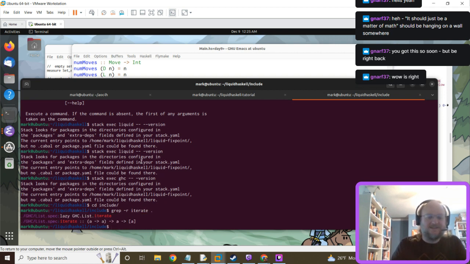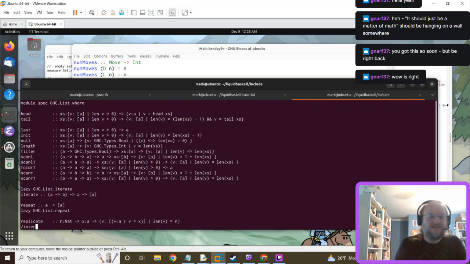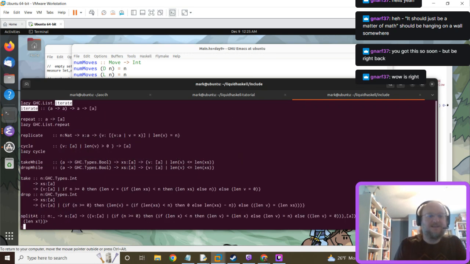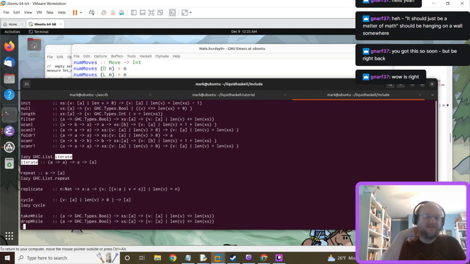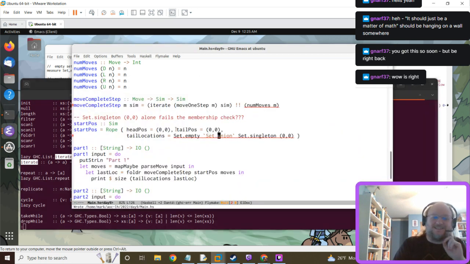It does. It knows that it's lazy, but it doesn't know that its length is greater than all positive values. I wouldn't be surprised if its logic didn't have that.